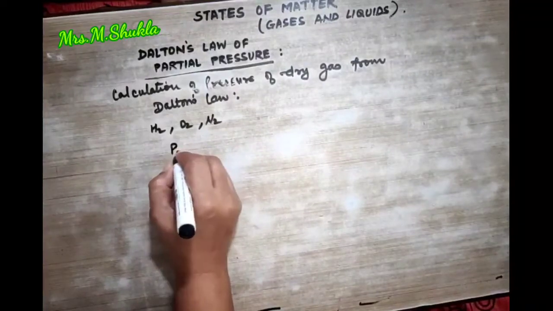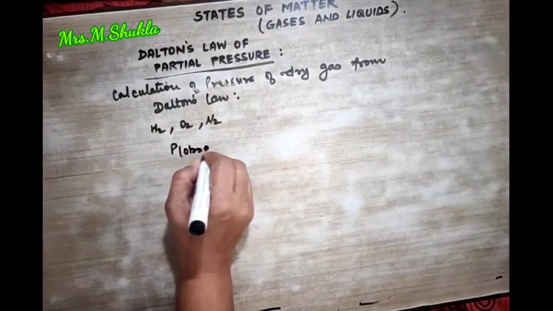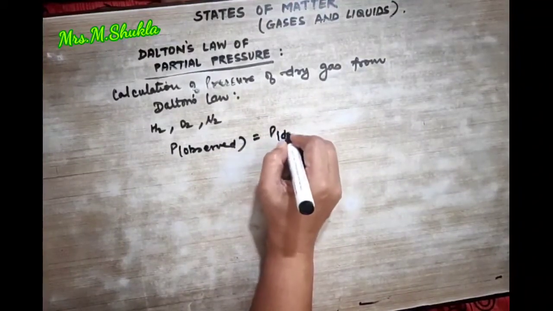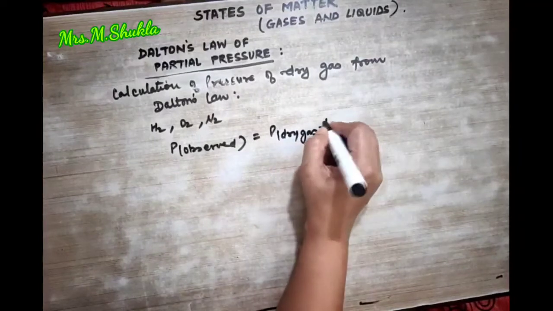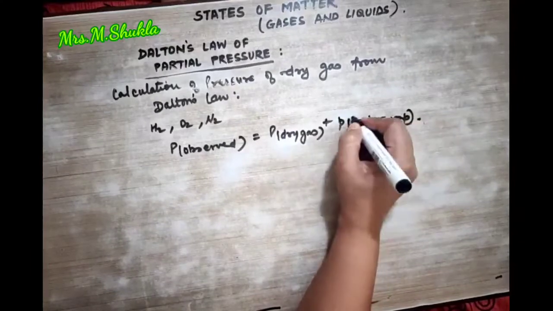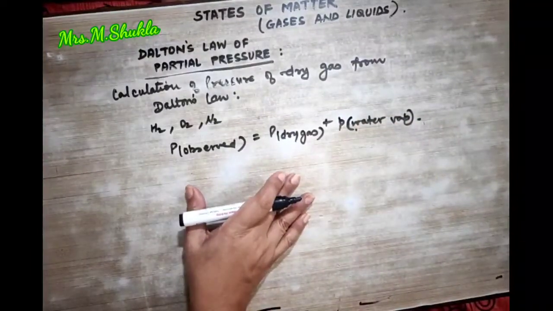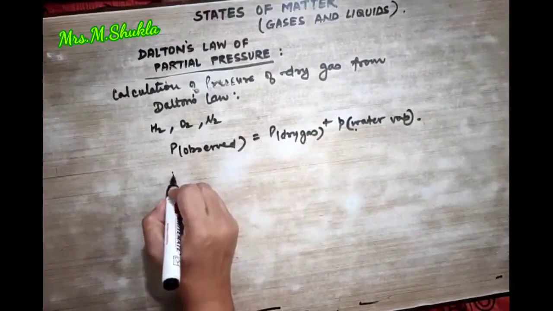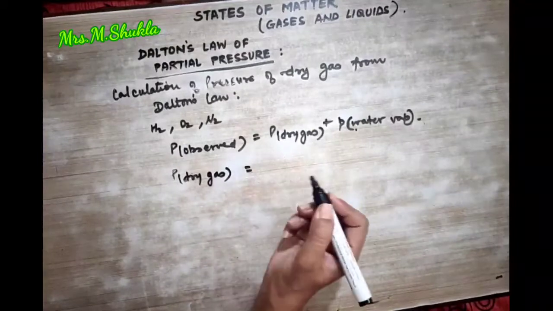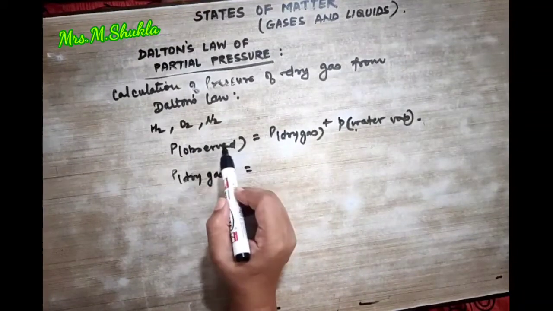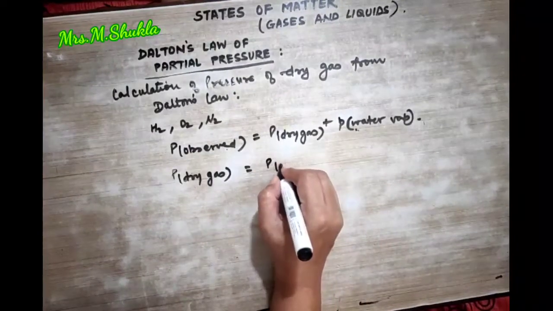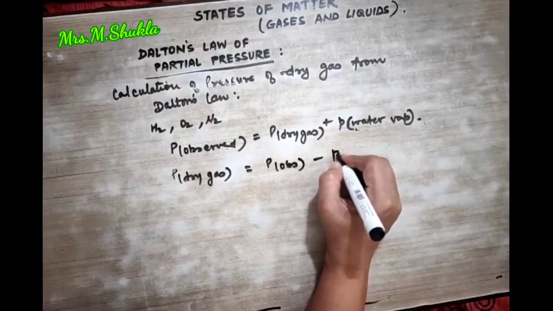So the observed pressure will always be equal to the pressure of the dry gas plus the pressure of the water vapor, right? And how can we calculate the pressure of the dry gas? The pressure of the dry gas can be obtained by the observed pressure minus the water vapor pressure.